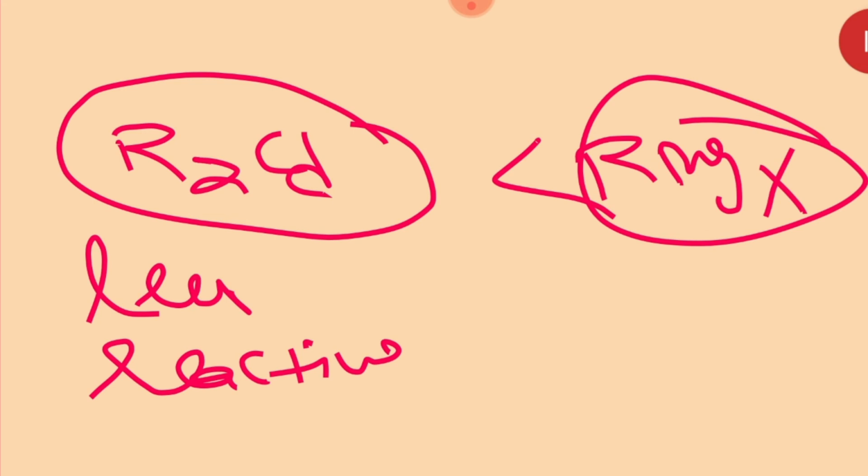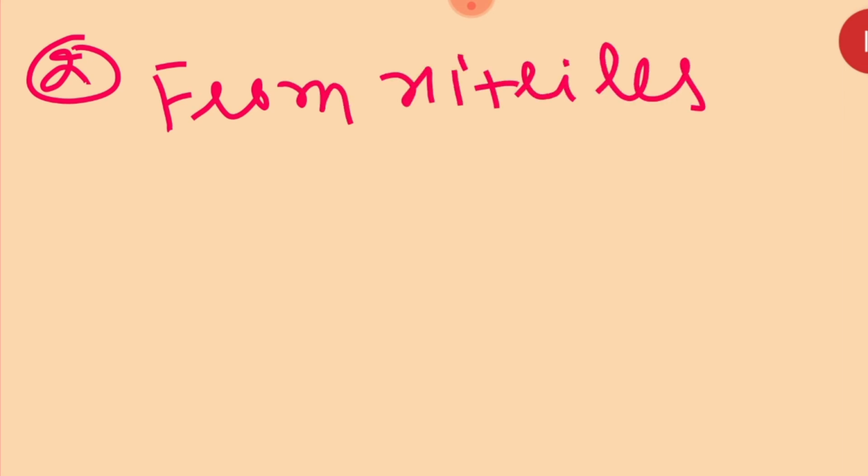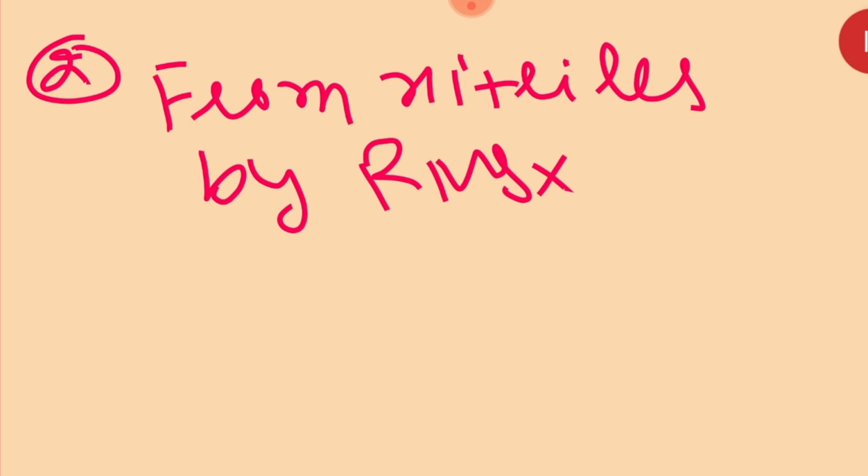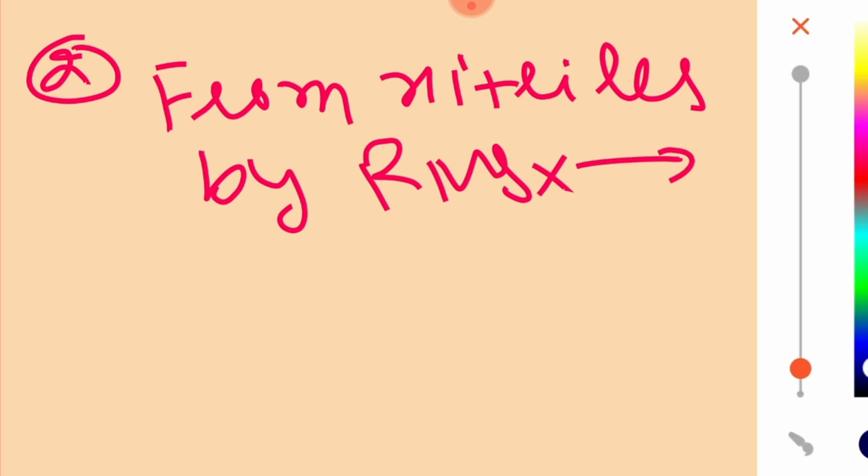Clear? Okay. Then after that, beta, the next method, number 2, is from nitriles by the Grignard reagent. Now you must see, all of you, what to do in this reaction.